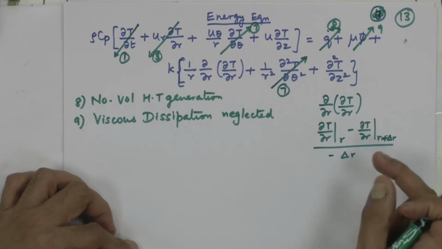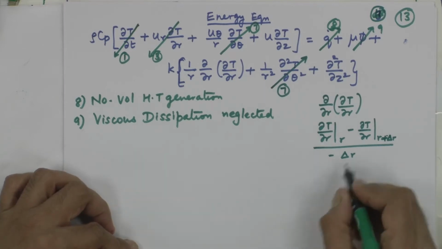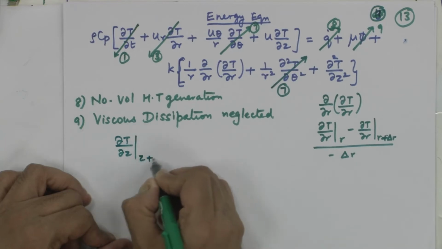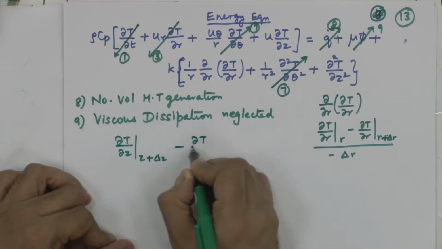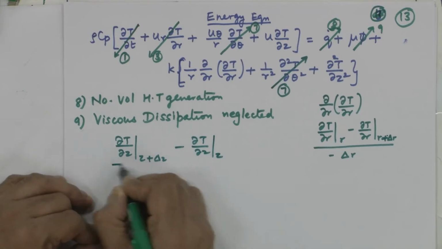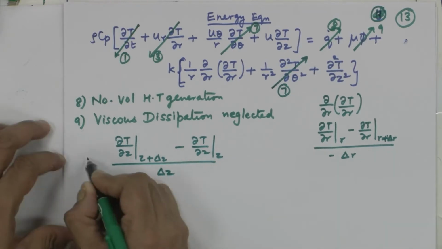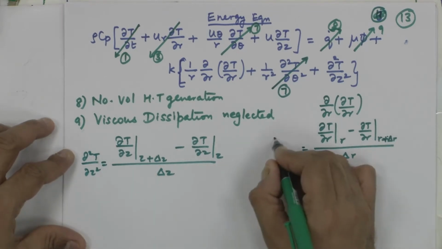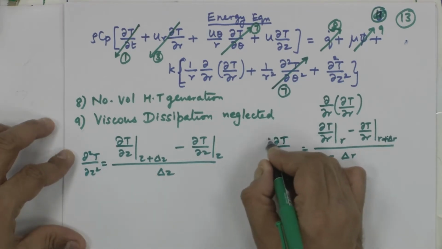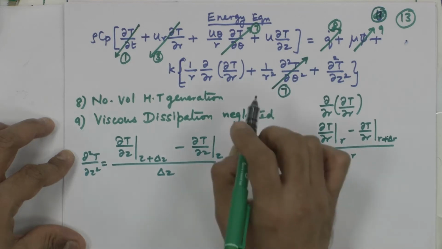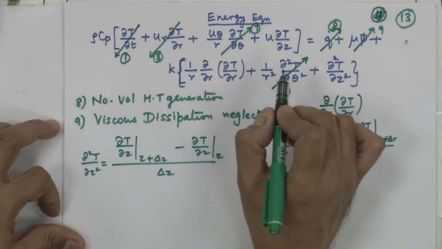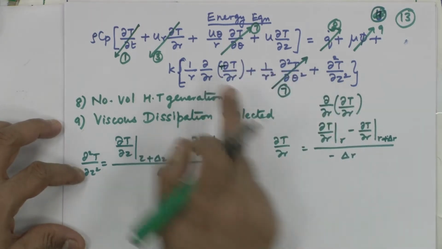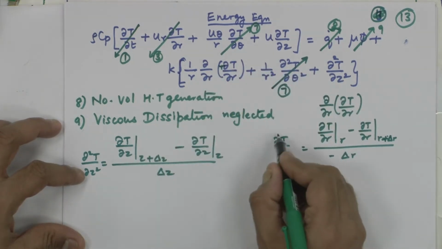So, you are talking of the second derivative. Similarly, dT by dz at z plus delta z minus dT by dz at a particular z over delta z is your d square T by dz square. This is your d by dr of r dT by dr. There is an r which is missing here, sorry. So, this is the second derivative.